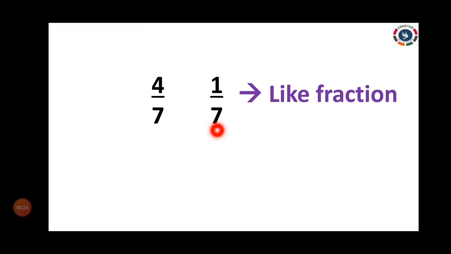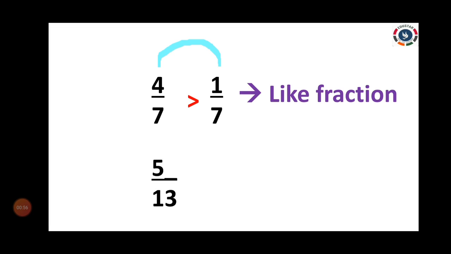Since both have the same denominator, you just have to see the numerator. In the numerators 4 and 1, which is the greater value, 4 or 1? 4 is greater. So you should open your mouth towards the 4. If the given fractions are like fractions, you should see only the numerator which is greater, and open the mouth towards that number.